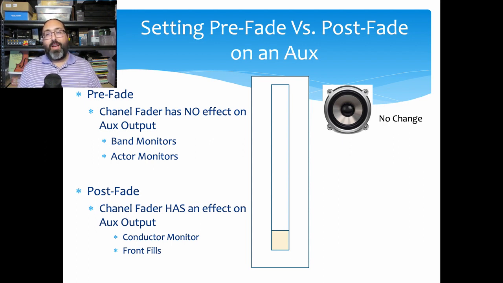Therefore, our adjustment in the house equals 0, but we can still hear it in the monitors. Pre-fade, the band can hear. We don't have to hear any extra bass in the front of house level, so the audience isn't smothered in bass. On the other hand, if we switch things out to post-fade, if I have that fader all the way down, it's not going to have any amplitude in it.